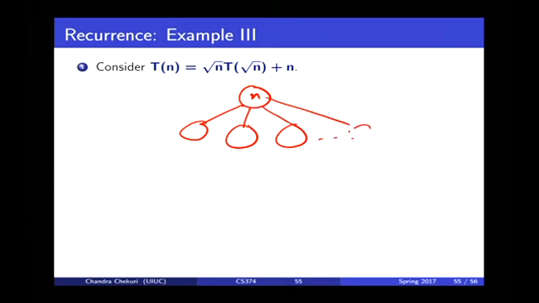Each of size square root of n, and the work I do is n. And this one, how many children is he going to have? Yeah, n to the 1/4 children, each of size n to the 1/4. So the tree starts out very bushy and gets a little less bushy as it goes along.